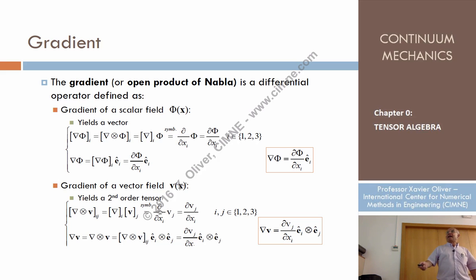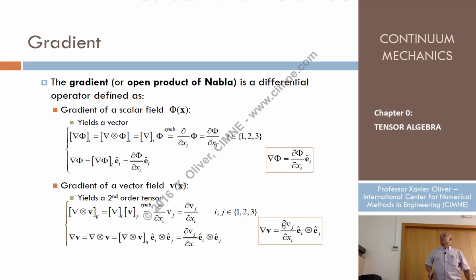Now let's do the operations effectively. So now I replace that by the real derivative of vj with respect to xi. So the component ij of nabla open product v, what's called the gradient of the vector v, is a second order tensor whose component ij is the derivative of vj with respect to xi. You know? So everything comes out smoothly.